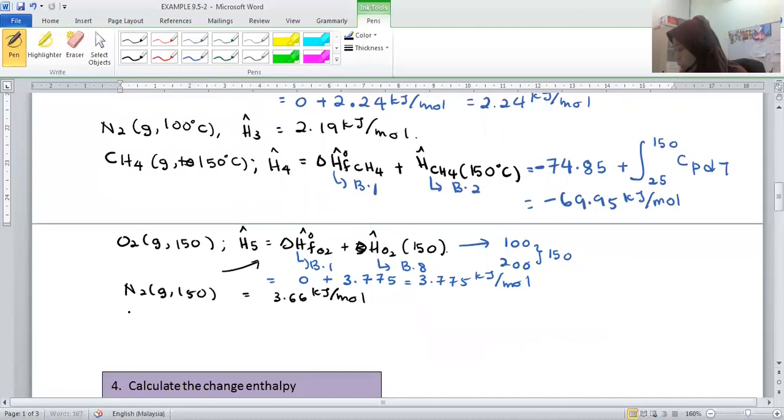And then we move to the HCHO in gas at 150.